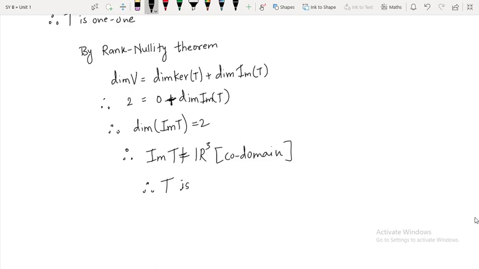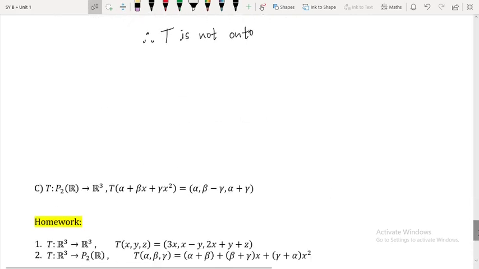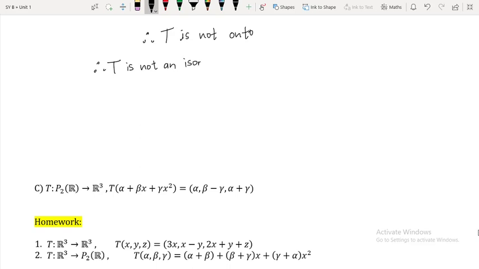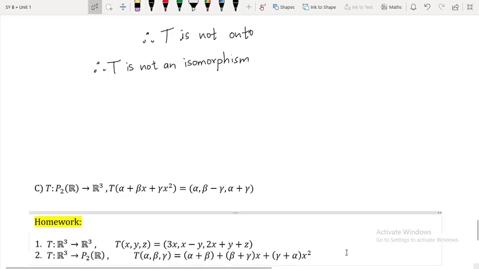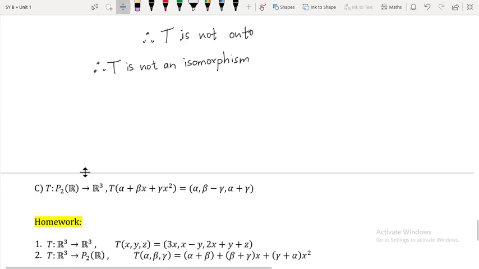Is that okay? Now since T is not onto, therefore T is not an isomorphism, and therefore we are not going to find T inverse. So now let us go for the next example.